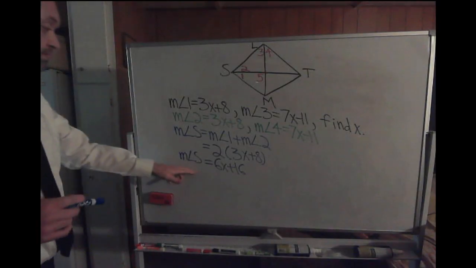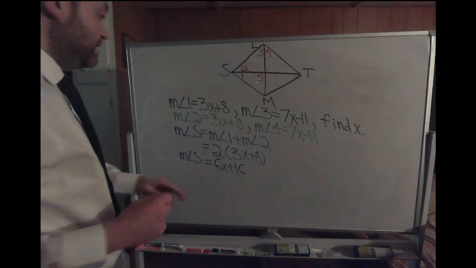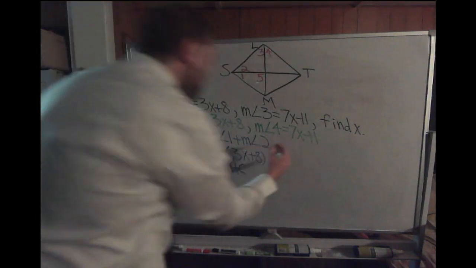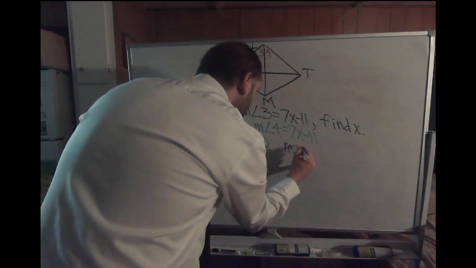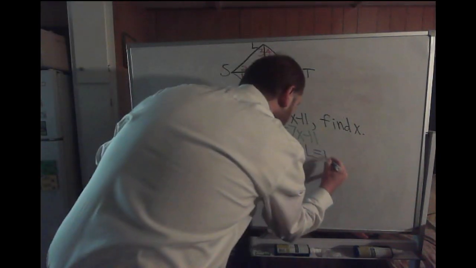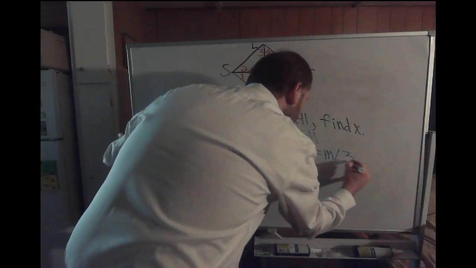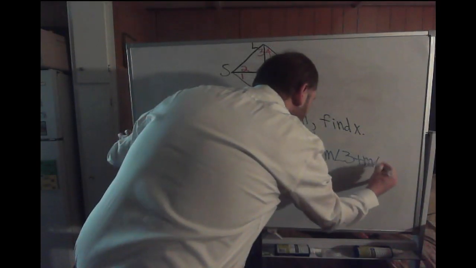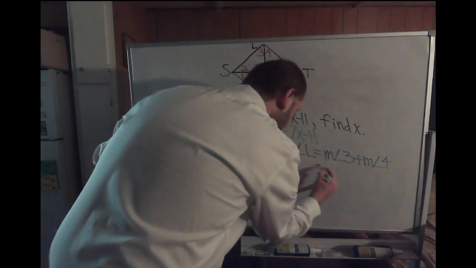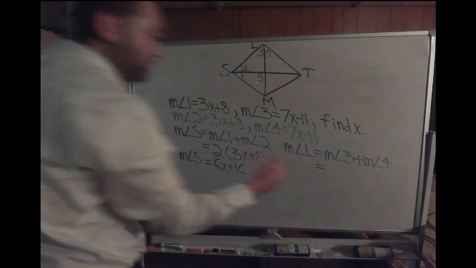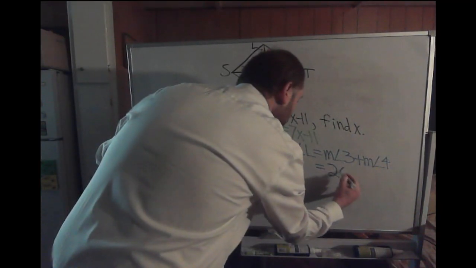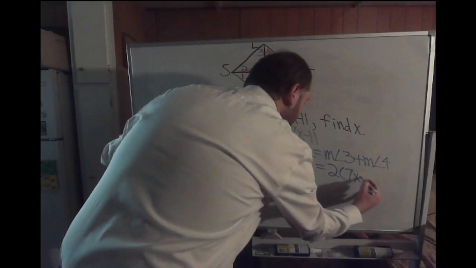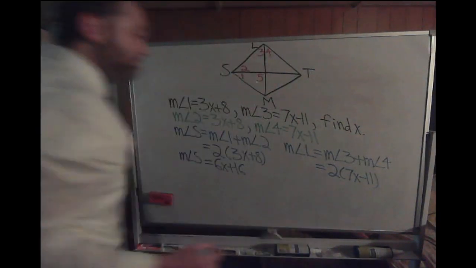Alright, so we found S. Now let's go for L. The measure of angle L equals the measure of angle 3 plus the measure of angle 4. Which really and truly means it's going to equal 2 times the quantity of 7x minus 11.